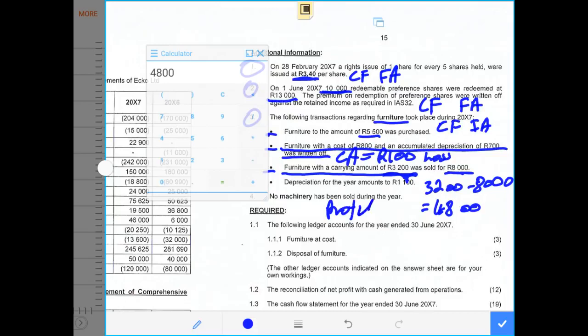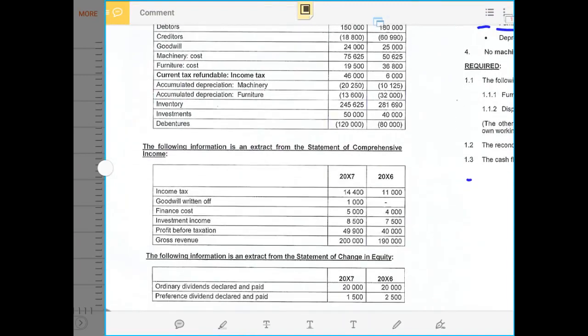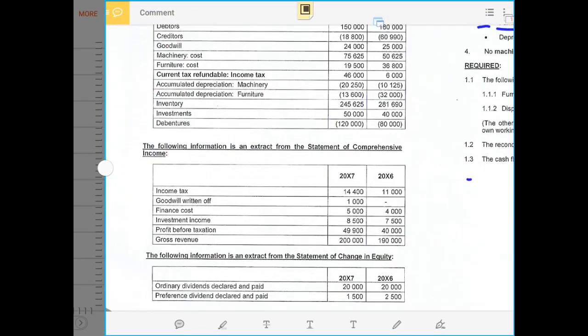We know that a profit on the sale of the furniture was supposed to be recorded in the income statement, increasing our net profit before taxation. So the profit on sale of the furniture will have to be reversed because it is once again a non-cash item. Sometimes that might be recorded independently in the income statement, but here we still don't see it as a visible line item.